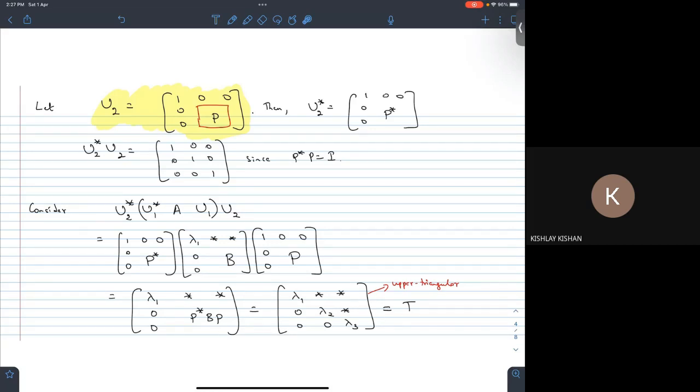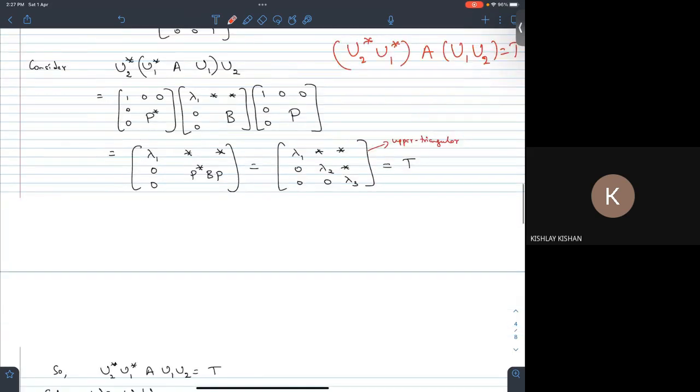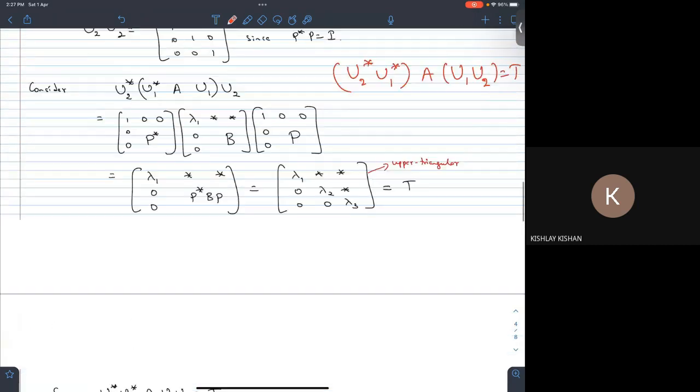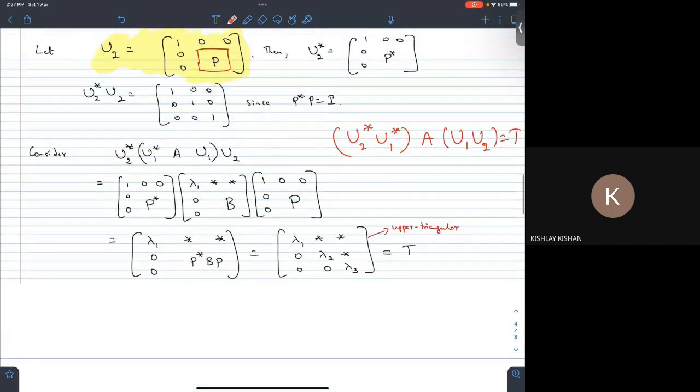So I have U2 star U1 star A U1 U2 is an upper triangular matrix. Got it? So I can write it as U1 U2 star A U1 U2 equals upper triangular matrix. And that's exactly what you wanted. You take things on the other side, you will get it in the other form.